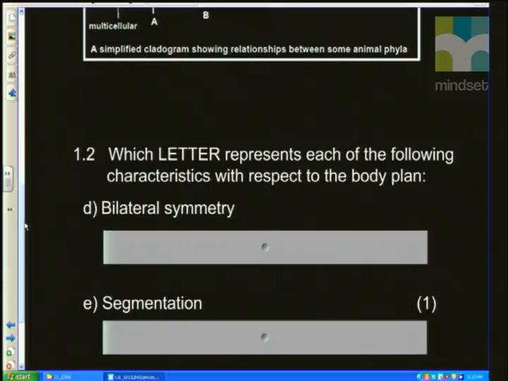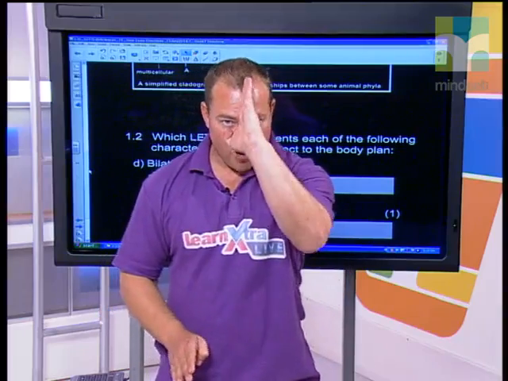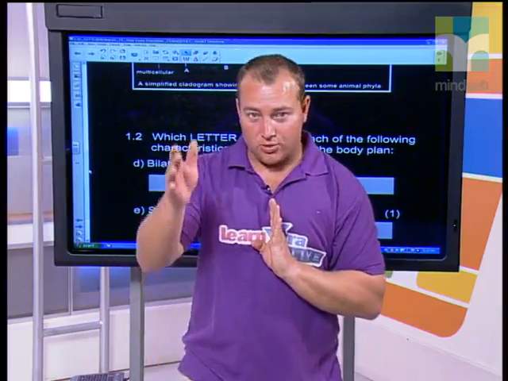Now, let's have a look. Bilateral symmetry. What does that mean? Remember, asymmetrical or asymmetry means you can't cut it any way, and that's normally your Porifera and that. Then you get your radial symmetry, which means you can cut it in different directions. And then you get your bilateral symmetry, like me. The nice way of looking at it, if you go to a mirror and you put it right down the middle of me, everything on that side will look exactly like me, because you can cut it right down the middle.